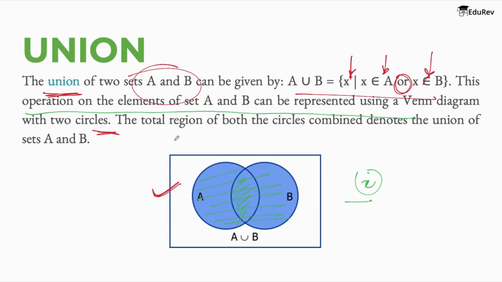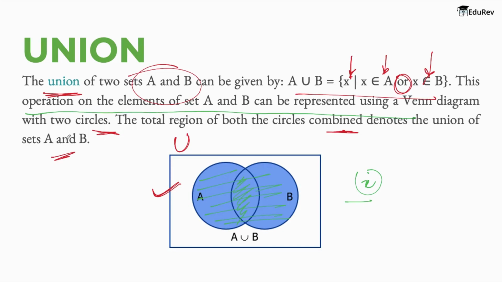And this is how it is, and this is your U, that is your universal set. Now the total region of both the circles combined denotes the union of set A and B. So union means that whatever number you are picking up, it should be present in your A or in your B, or obviously it can be present in both the sets.